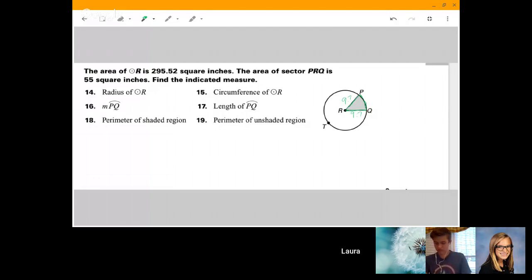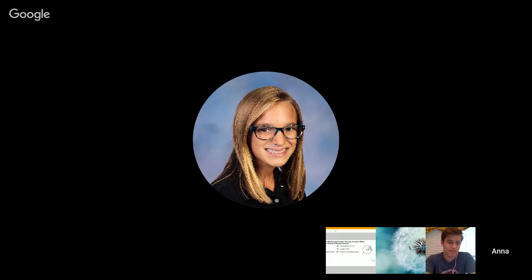And then the arc length is going to be the formula from 11.1, either the proportion one or where the arc length equals the measure of the arc over 360 times the circumference, because the arc length is a portion of the circumference.